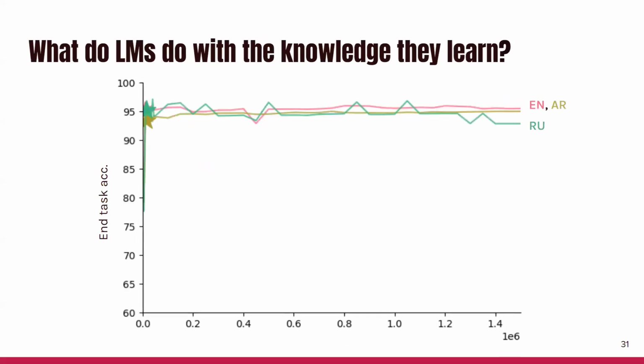We can also ask, what do language models do with this information once they acquire it? So here, for these languages, we see that the model's knowledge remains relatively stable after acquiring it very early in training, but this isn't always the case. For some languages, like Japanese, we can see that the model has much larger fluctuations in knowledge throughout pre-training.